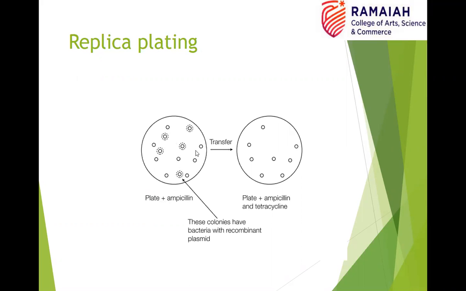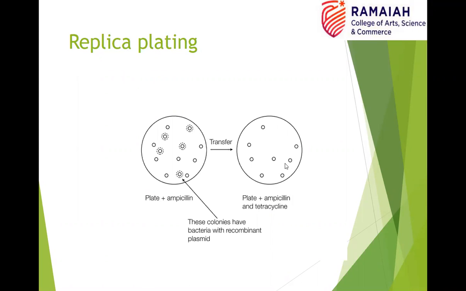Then we do the replica plating technique. We take a nitrocellulose membrane or absorbent paper, take the imprint of these colonies and transfer it onto another plate containing medium with both ampicillin and tetracycline.